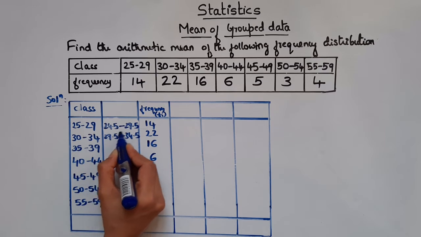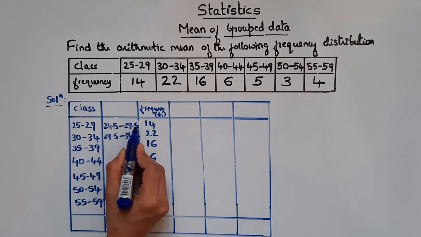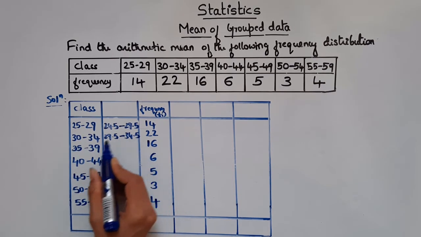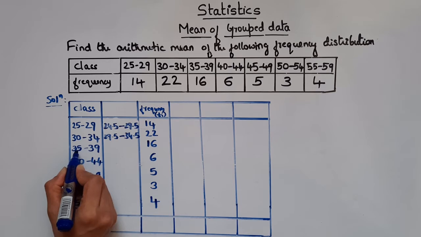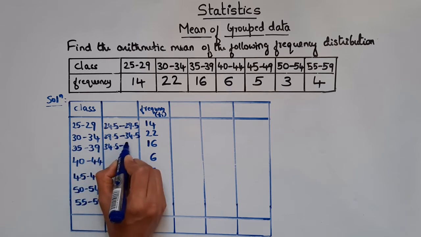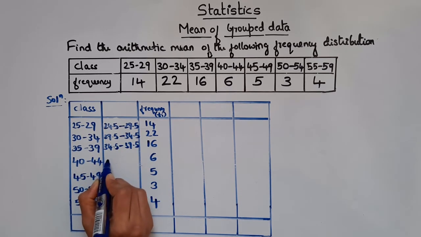So now here the class intervals are continuous, right? We have 24.5 to 29.5. Again we will start with 29.5 to 34.5. We will do further. Here 35, we have to minus 0.5, so it will be 34.5. So 34.5, add 0.5, so that will be 39.5. We will do it for all the class intervals.